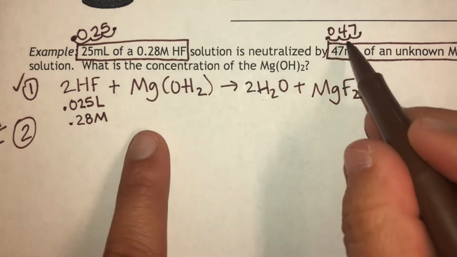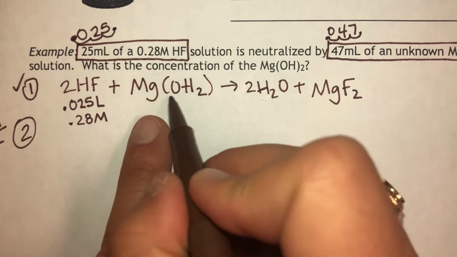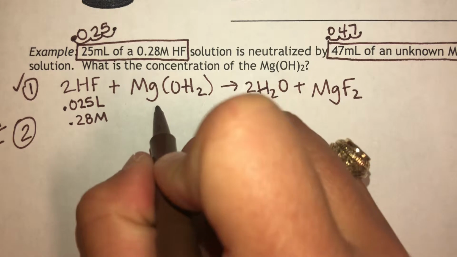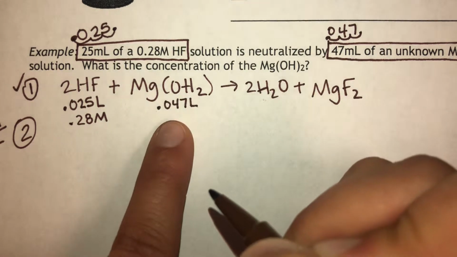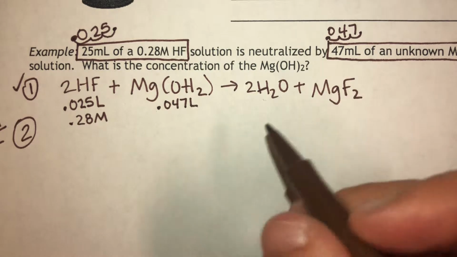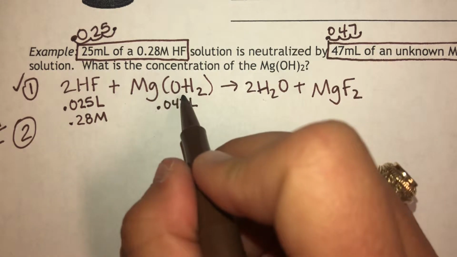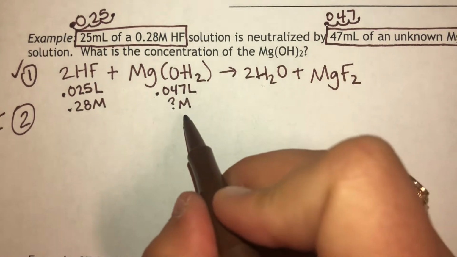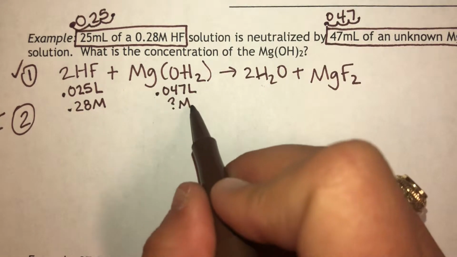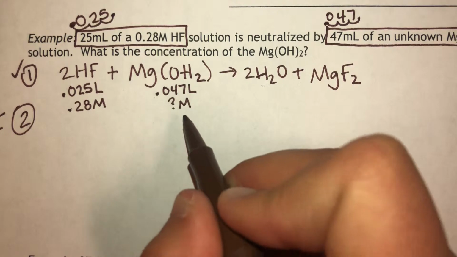So I'm going to write that under MgOH2, 0.047 liters. And in the problem, they don't give us molarity for MgOH2, so I'm just going to put a question mark for molarity. And when we finish this whole problem, our answer will be this question mark right here.